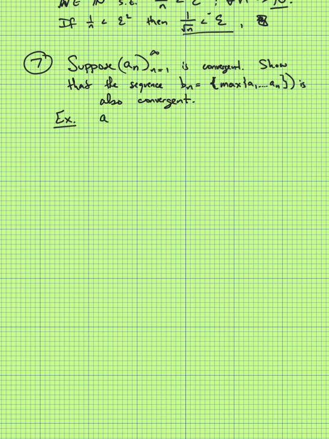So let's just say a sub n is our favorite sequence 1 over n. Okay, so 1, a half, a third, a fourth, and so on. Well, what's b sub n? It's just 1, 1, 1, and so on, right? Because every time you're taking the max of the previous terms, and the maximum is just 1. Okay, so in particular, the limit of the a sub n's does not have to equal the limit of the b sub n's.